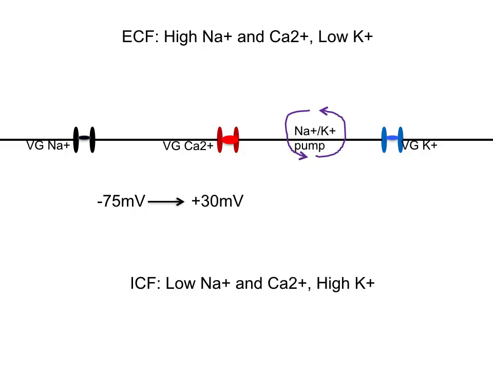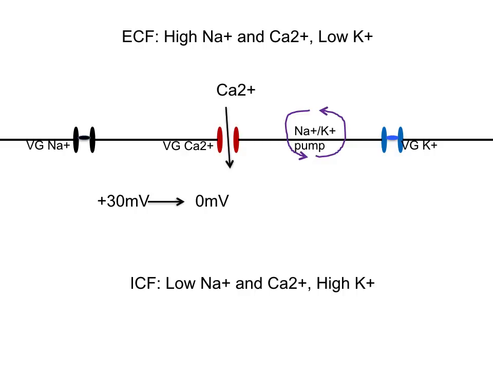After you depolarize to positive 30 millivolts, you are going to enter a new phase, which is not present in the action potential of neurons or skeletal muscle fibers. You are going to enter what is called plateau. Plateau is a period of maintained depolarization.